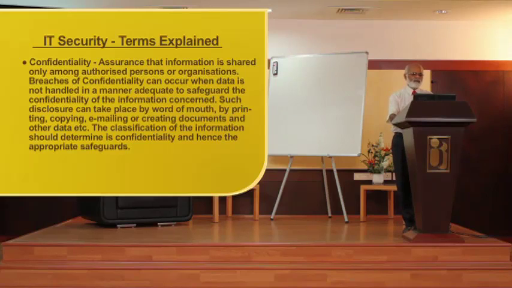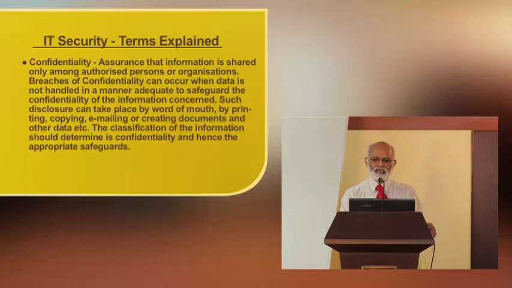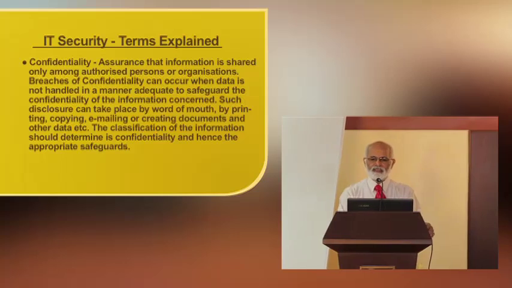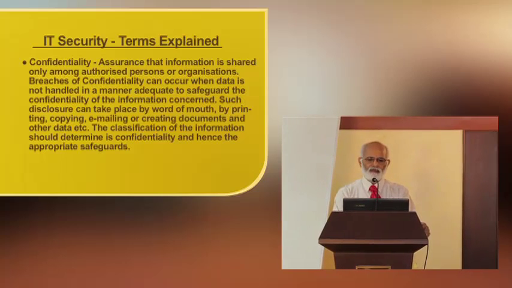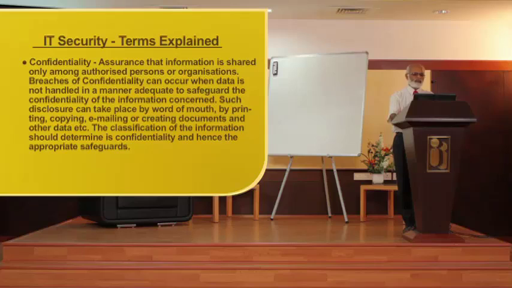Breaches of confidentiality can occur when data is not handled in a manner adequate to safeguard its confidentiality. Such disclosures can take place by word of mouth, by printing or copying or emailing, creating documents or other data, etc. The classification of the information should determine the confidentiality and hence the appropriate safeguards. This is the brief definition and requirement of confidentiality, and how it can be protected.